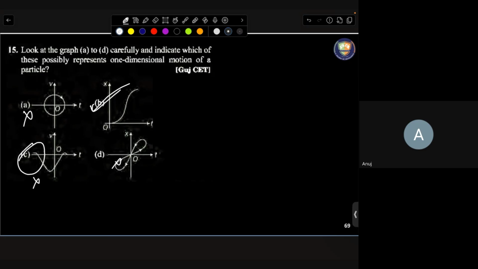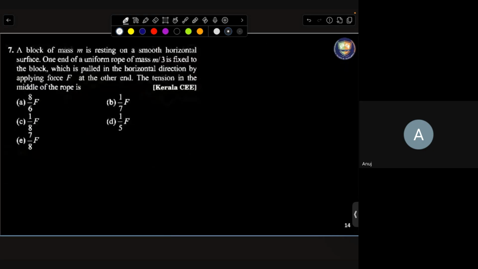Newton's second law is important, which is F net is dp by dt, the change of momentum. Correct. So I think we should jump straight to the questions of Newton's laws of motion, NLM. Okay, let's see the questions one by one. Okay, try this one.